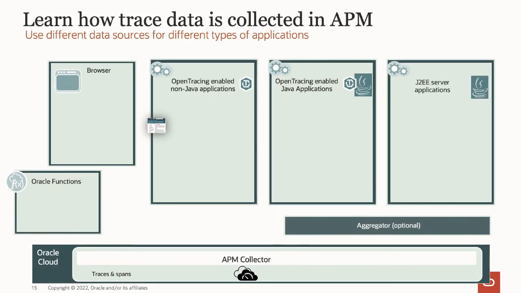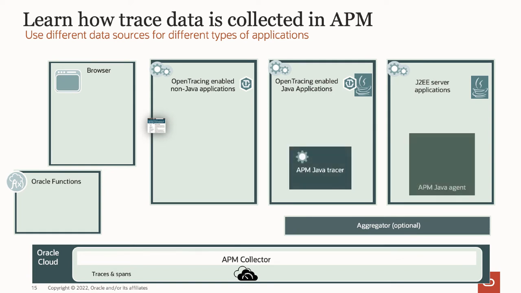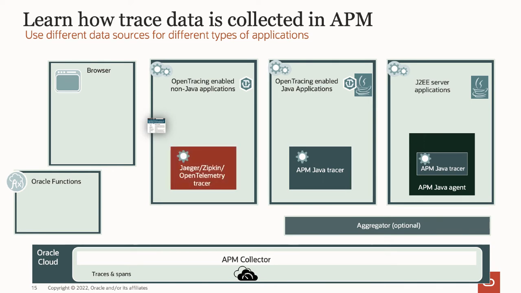Let's now understand how the data is collected in more depth. APM collects data from predefined data sources for Java applications, or uses open source tracers for non-Java applications, from both server-side and front-end. APM also collects data directly using APIs. Say, for example, you have an application written in Python.